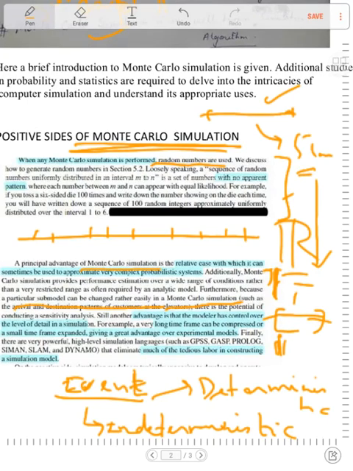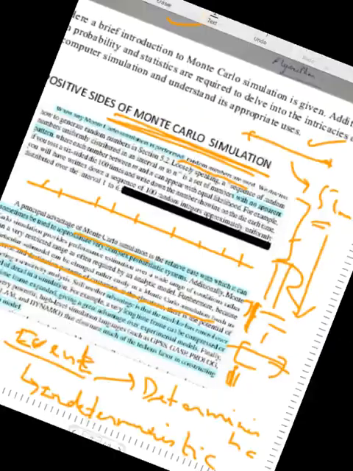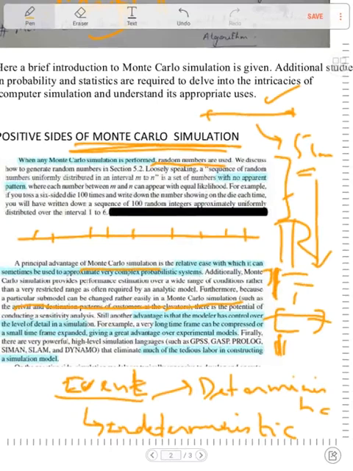Suppose you create a simulation model which is not at all compatible with the efficiency of your computing machine, then it is useless. Let me give a very short example. Suppose I am using a computing machine which can store data up to 10 to the power 5 units.